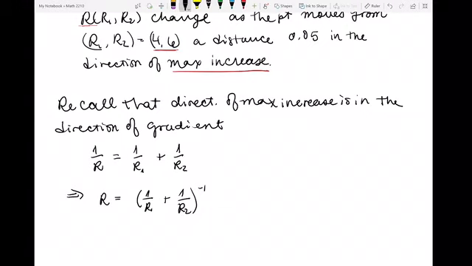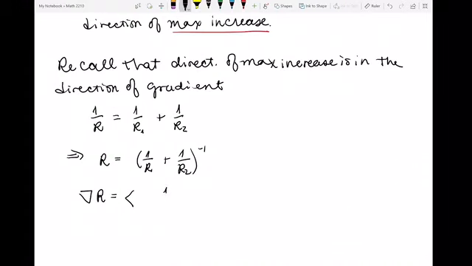Okay, now I can calculate the gradient of R, and that's just going to be these partials with respect to R1 and R2. And I think that you're comfortable doing this. I will just quickly write down what it would be. You get this from a power rule, and then a chain rule. That will be 1 over the quantity 1 over R1 plus 1 over R2, squared, times 1 over R1 squared. There's a negative here and a negative here, but I think it will just cancel. So I can put that all over one fraction.